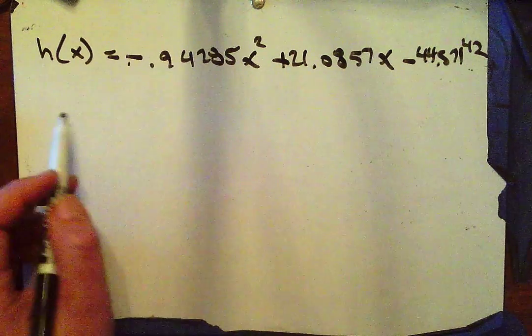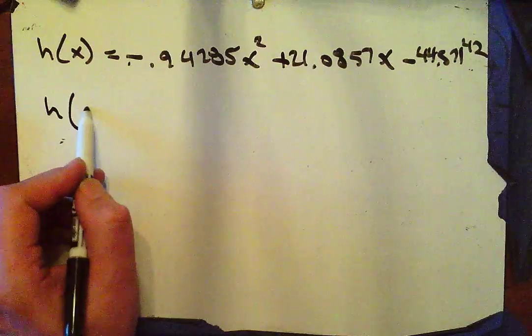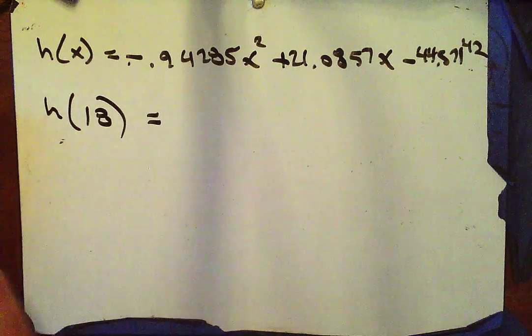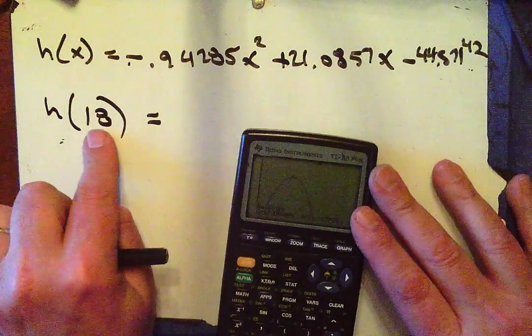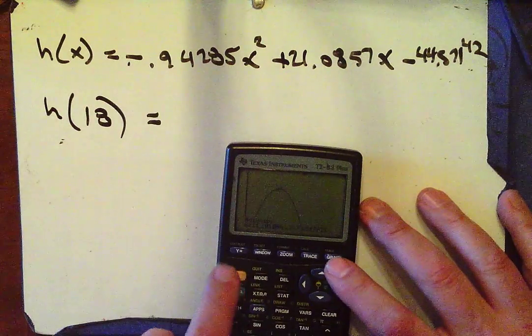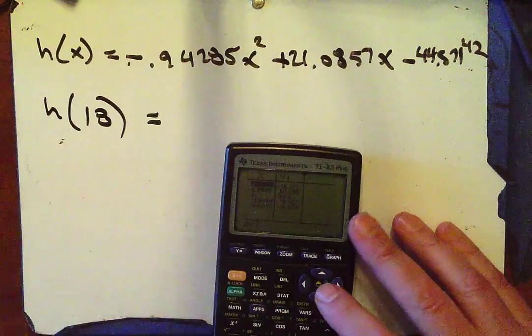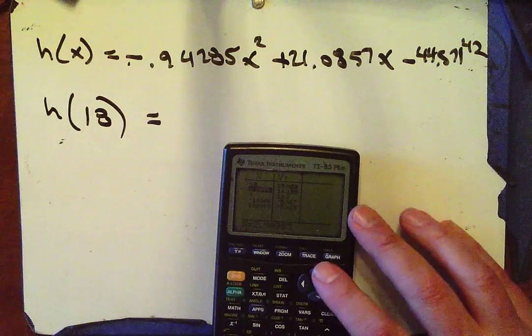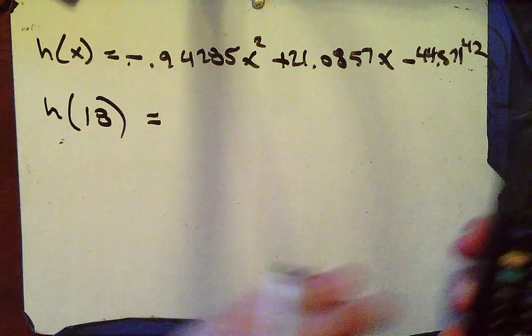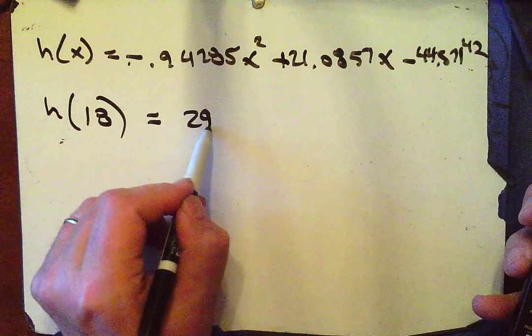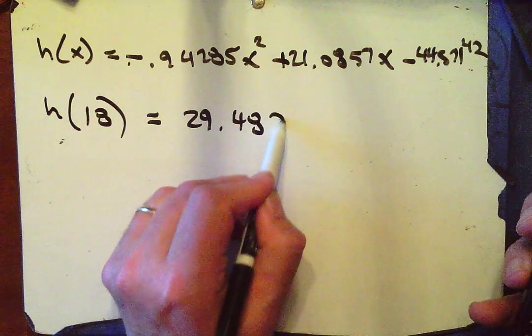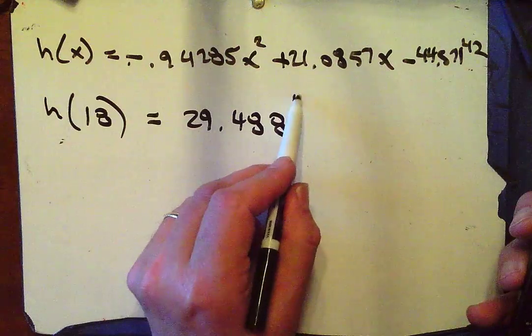Oh, so I want to evaluate H of 18. And again, I don't want to take this 18 and plug it into each of those. I've already got the equation here in Y1. If I just go over to my table and type in an 18, I end up with 29.488 inches.